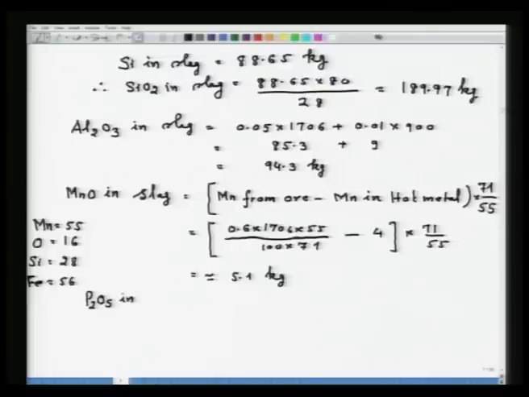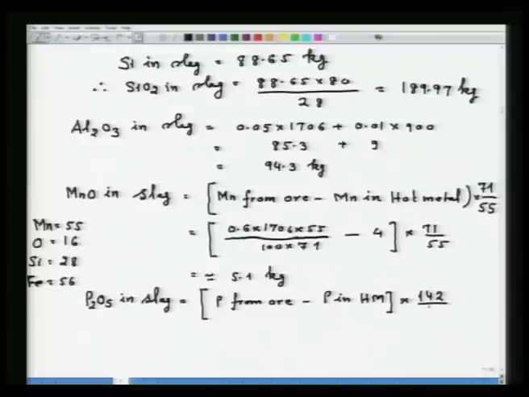That will be equal to phosphorus from iron ore minus phosphorus in hot metal, multiplied by 142 upon 62. The molecular weight of phosphorus is 31.